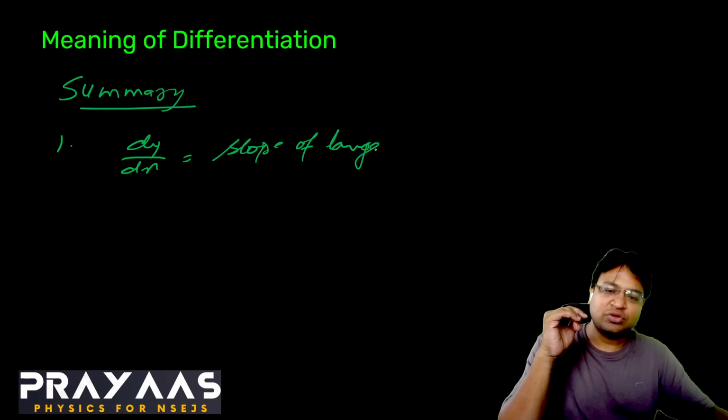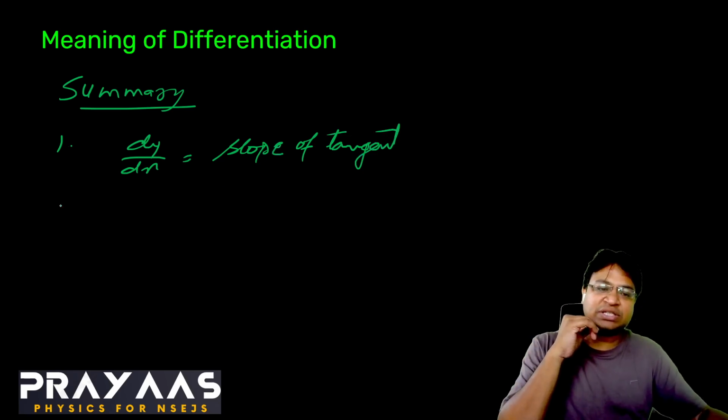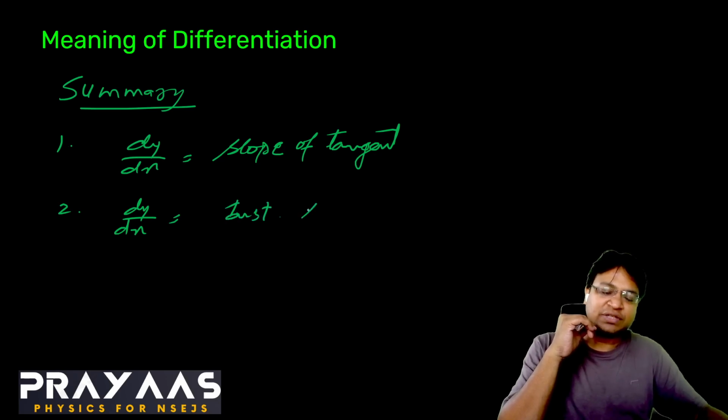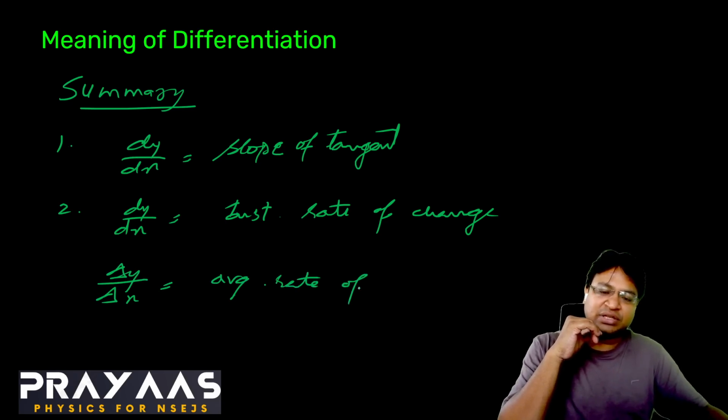The second point is that dy by dx gives you instantaneous rate of change, whereas delta y by delta x will give you average rate of change. So please remember these things.